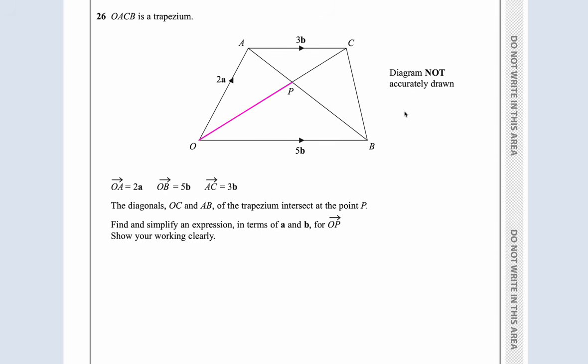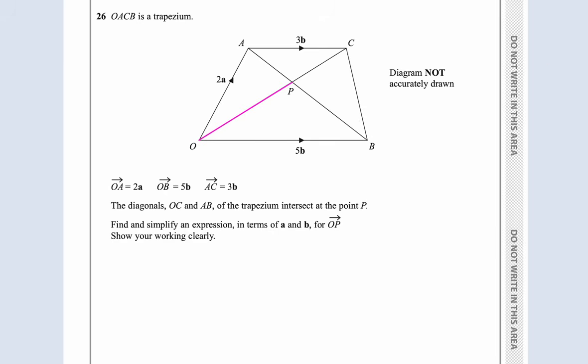Now, if you've seen me do these types of questions before, guys, you will see how I do it. I get from O to P in 2 different ways. The first way is I'm going to go some fraction of OC, and the second way I'm going to do it is I'm going to go O to A and then some fraction of AB.